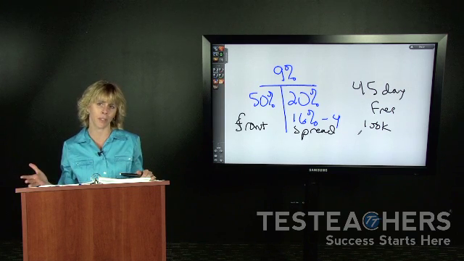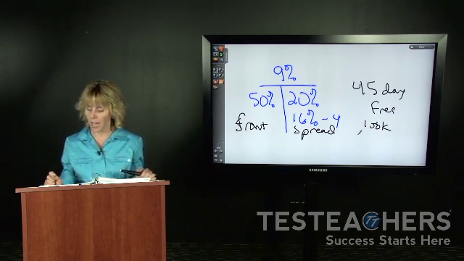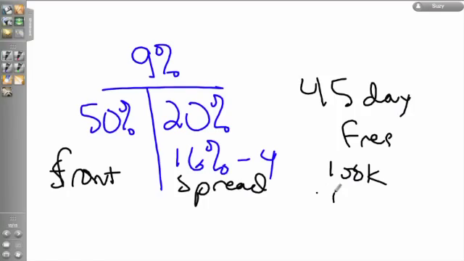So it doesn't necessarily mean they're going to get all their money back, but they're going to get all the sales charge back and all of their net asset value. So that's for both of these, it doesn't matter.